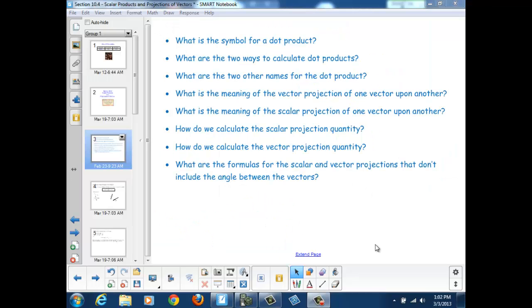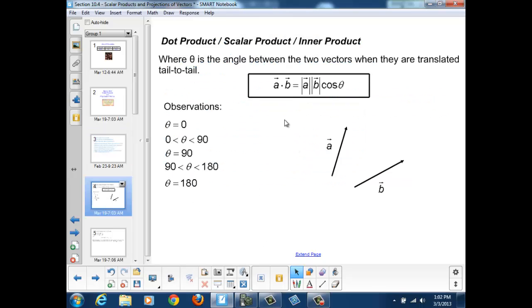So let's recap. What is the symbol for a dot product? Well, it's simply a dot. What are the two ways to calculate dot products? Well, the first formula is the magnitude of the first vector times the magnitude of the second vector times the cosine of the angle between them. That's if we have information about lengths and angles.